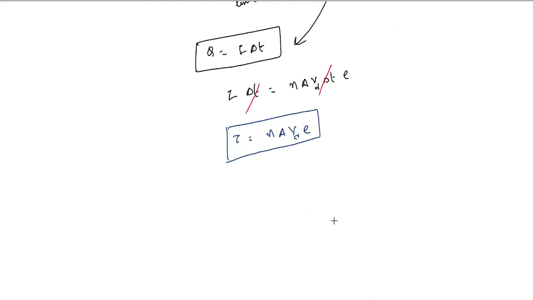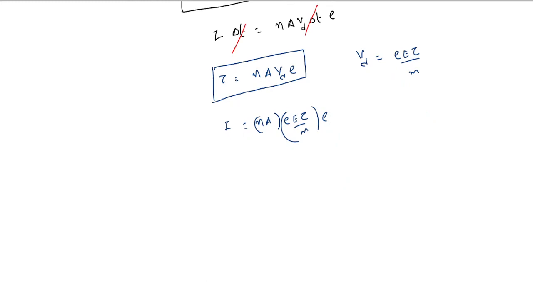But we know that Vd is equal to eE tau by m. Putting it back here, we get I is equal to n into A into Vd, which is eE tau by m, into small e.